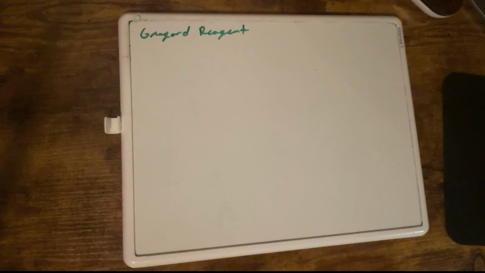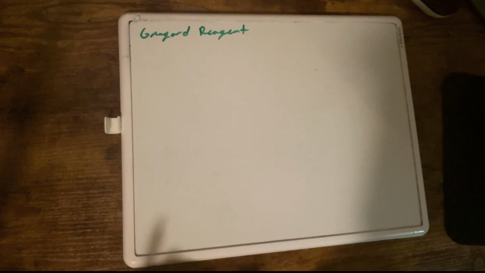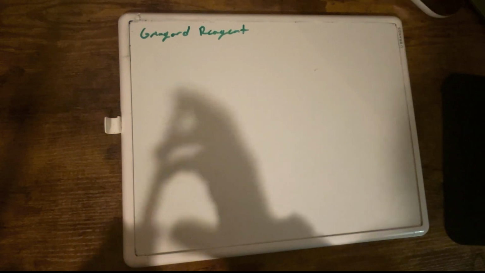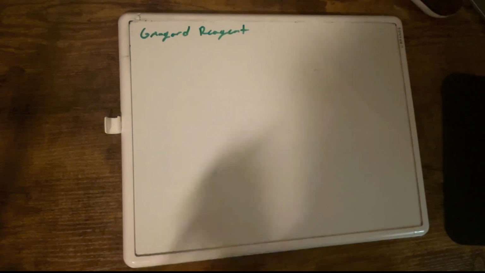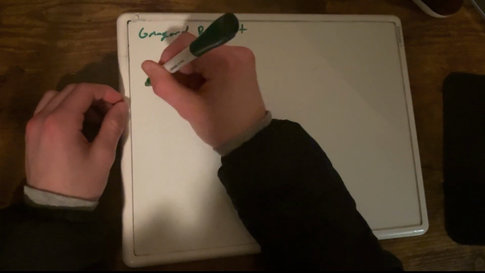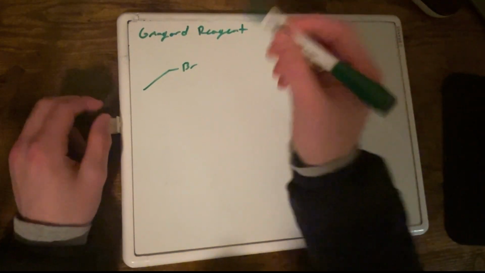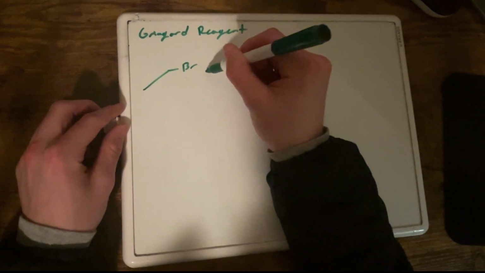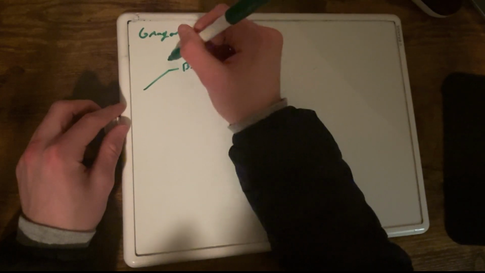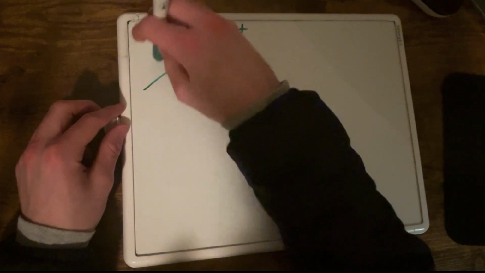Now, essentially, all the Grignard reagent is a metal attached to a halogenated carbon. I forget the name of those, but basically, if we just have a simple carbon here with a halogen, what we can do is note that this carbon is currently positively charged.